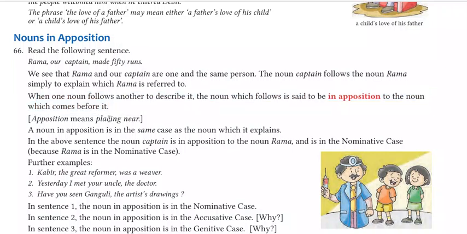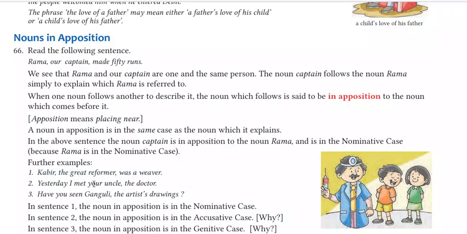Apposition means placing near. A noun in apposition is in the same case as the noun which it explains. In the above sentence, the noun captain is in apposition to the noun Rama, and it is in the nominative case because Rama is in the nominative case. Further examples: Kabir, the great poet, was a weaver.